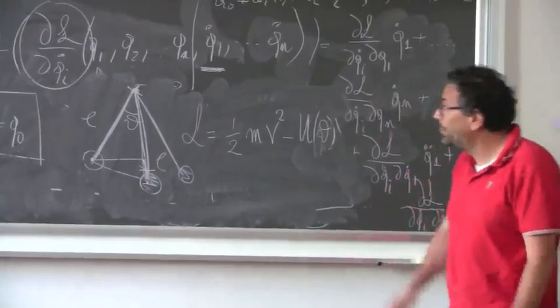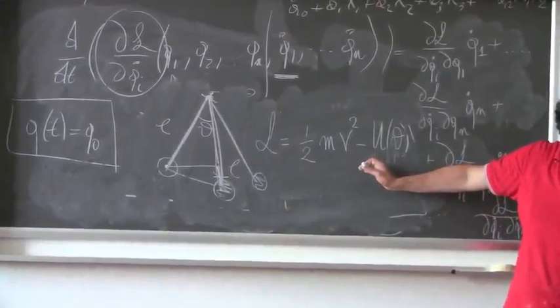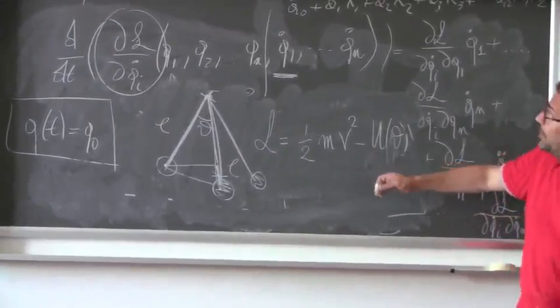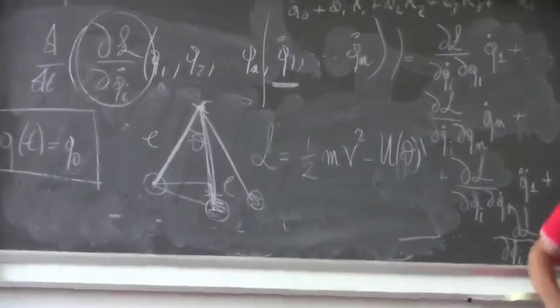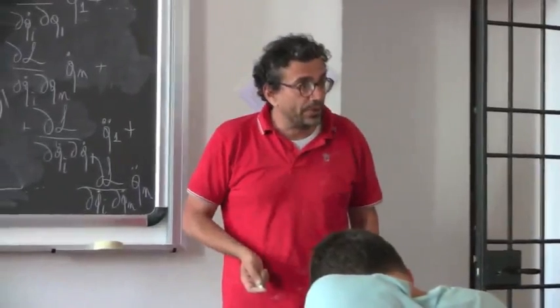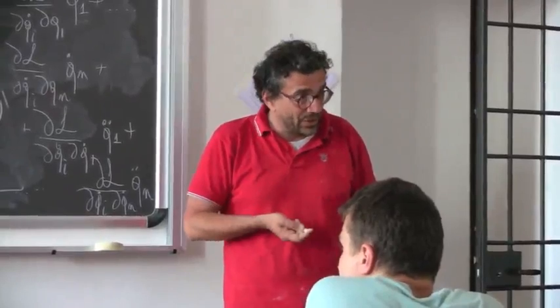And you can get a beautiful quadratic Lagrangian, which after the derivation needed for getting all the Lagrange equations is transformed into a beautiful linear differential equation.